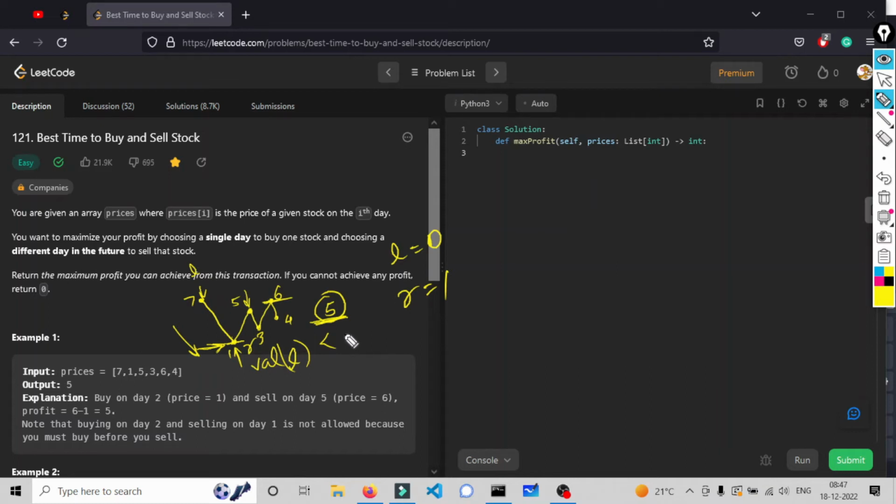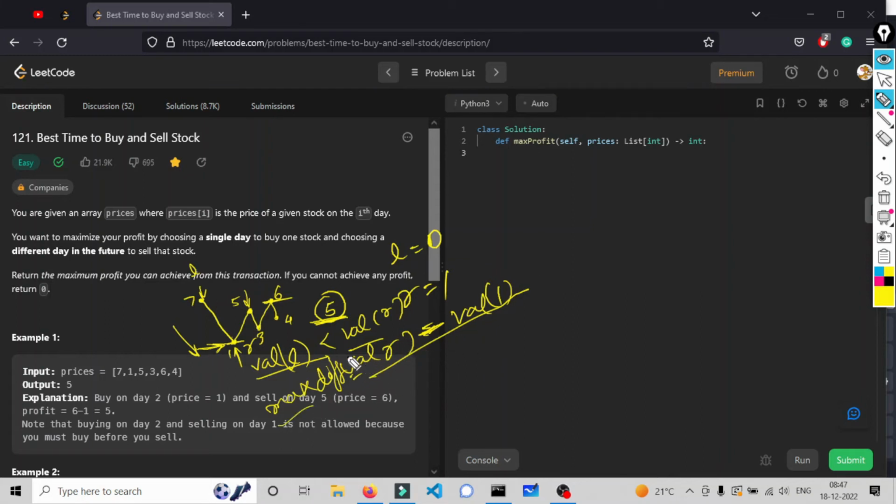If it is true, then we will find the maximum difference, meaning the value of R minus the value of L. So this will be the max difference, right? Max difference will be this, and we will update the maximum value here.